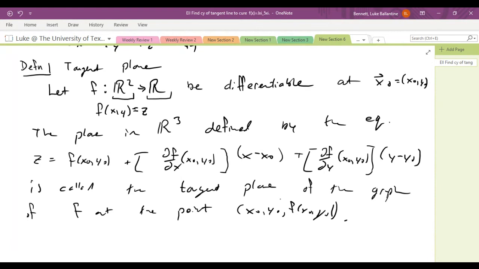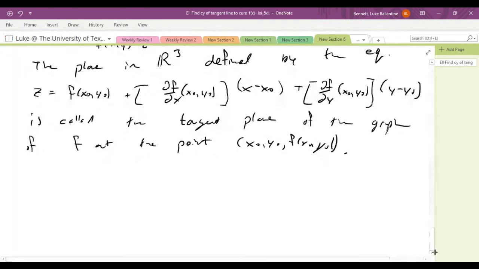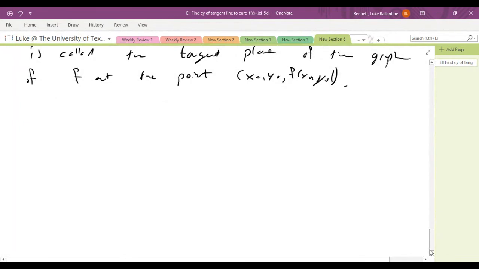So, f must be differentiable to find the tangent plane. But what is differentiability? What does that even mean in the multiple variable case? We know what it means in the single variable case, I hope. If you've forgotten it, I'll remind you. So the limit of the difference quotient, right?